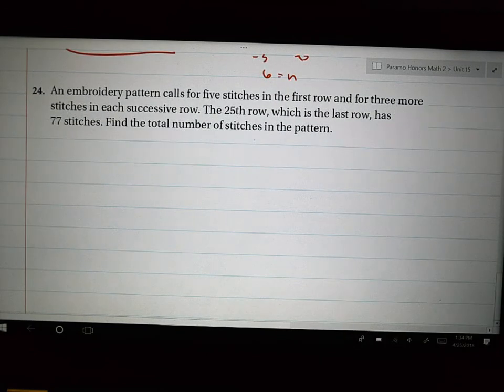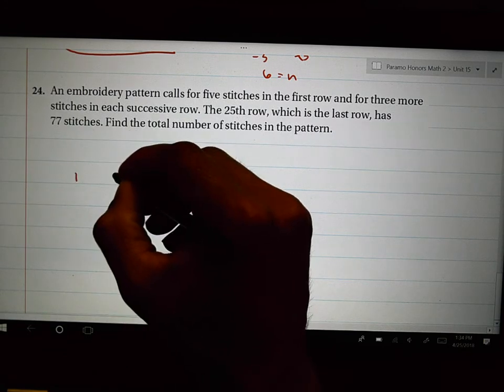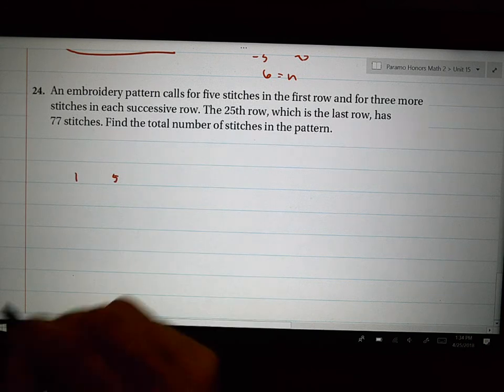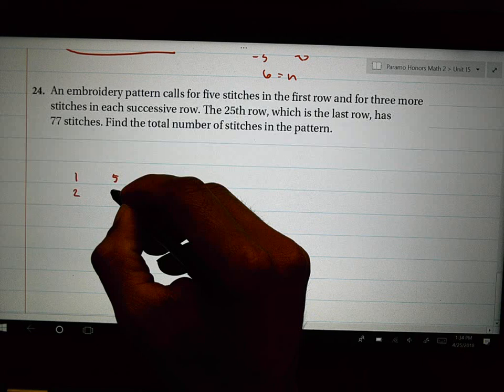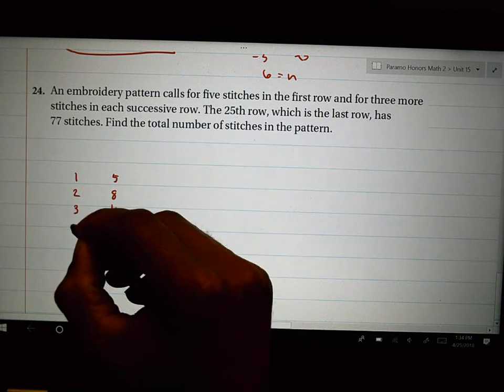An embroidery pattern calls for 5 stitches in the first row. First row, 5 stitches. And 3 more stitches in each successive row. 3 more. Next row, 3 more. Next row, 3 more, and so on.